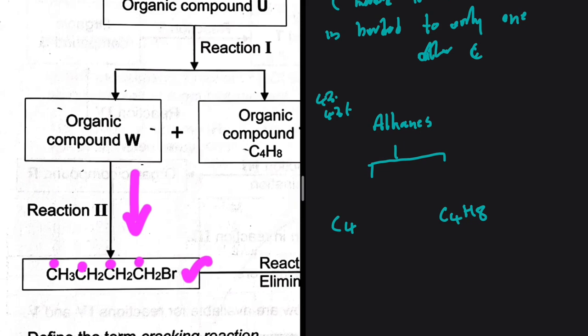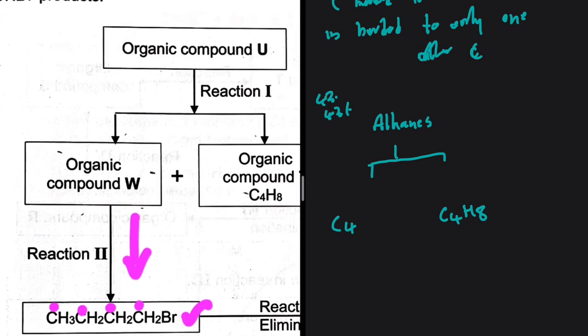Let's take a look. We are seeing that compound U, from which these two products originate, is an alkane. Let's keep that in mind. And this alkane has 8 carbons. So how many hydrogens does it have?